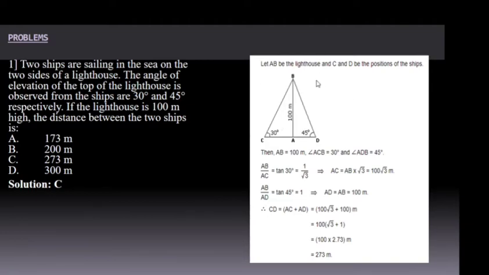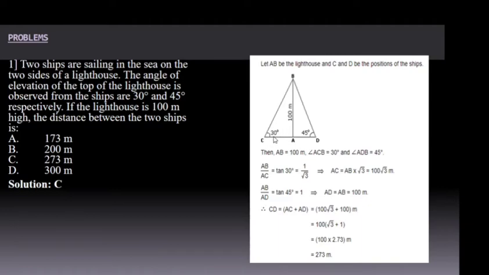So let us say this is my figure. Okay, so this AB is that lighthouse. Okay, the height of that is given to be 100 meters. Now there are two ships on the opposite side of this lighthouse. So let us say, one ship is at the point C and another is at the point D. The angle of elevation is given to be 30 degree and 45 degree.